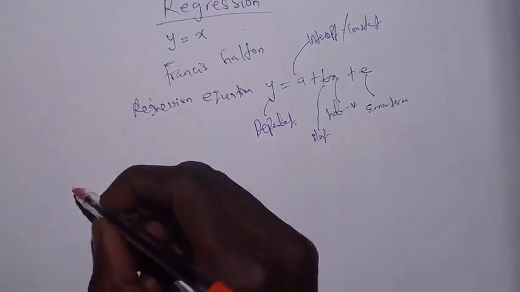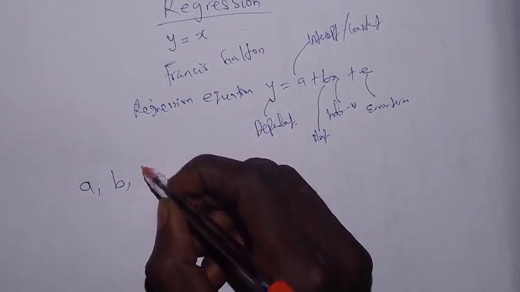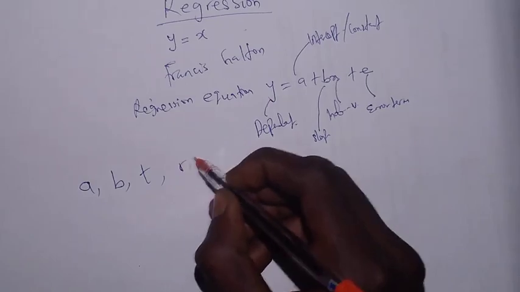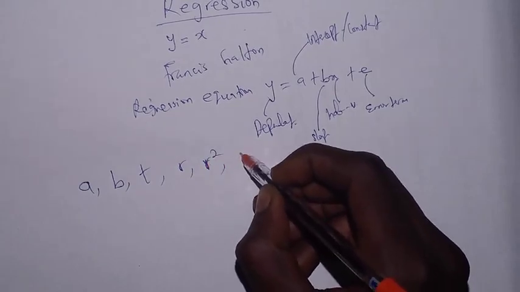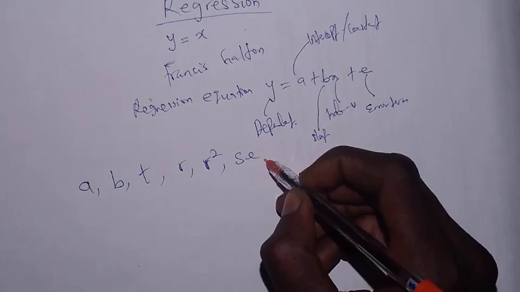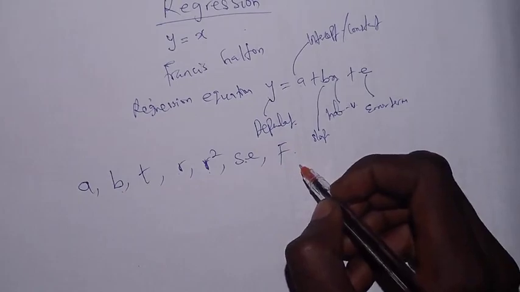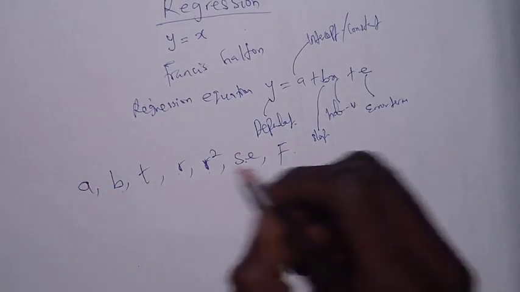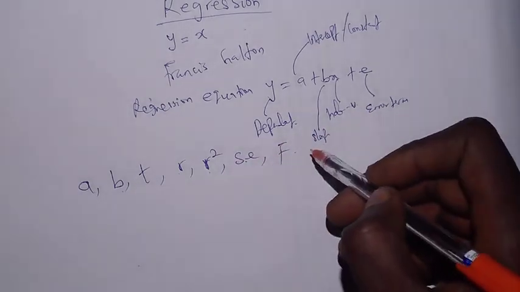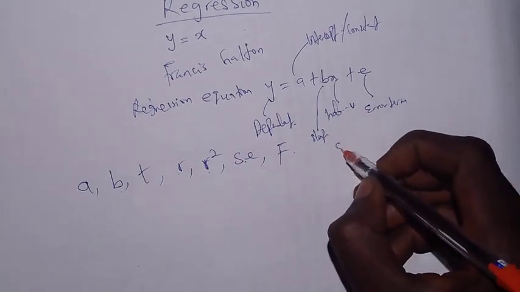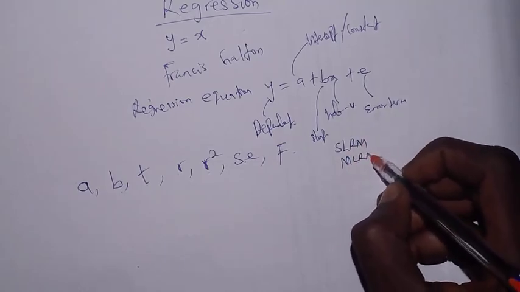These statistics are A, B, T, R, we have R squared, we have SE, and then we have F. 1, 2, 3, 4, 5, 6, 7 statistics. At least these are the 7 statistics that we expect as output of any regression model, be it simple linear regression model or multiple linear regression model.